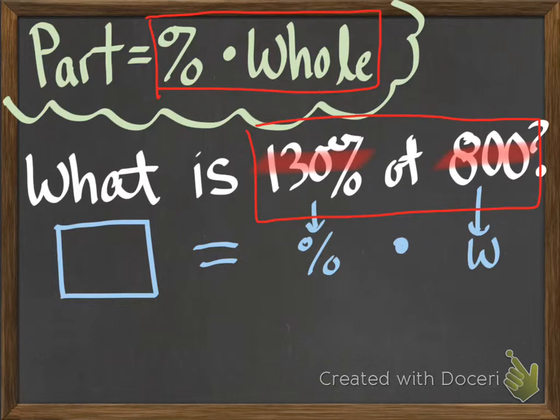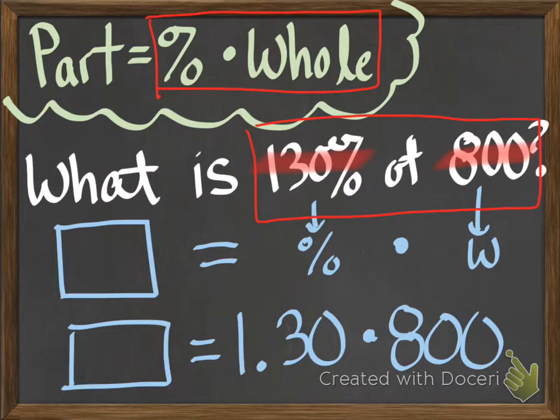And that also makes sense because if you have 800 as your starting point and you want to take 130% of that 800, well, you have 800 to start with, so that starting point would be your whole. So what in this scenario represents your part? So part equals percent times whole, or part equals 1.3, because 130% is 1.3, times 800. 1.3 times 800, 1,040. All right?